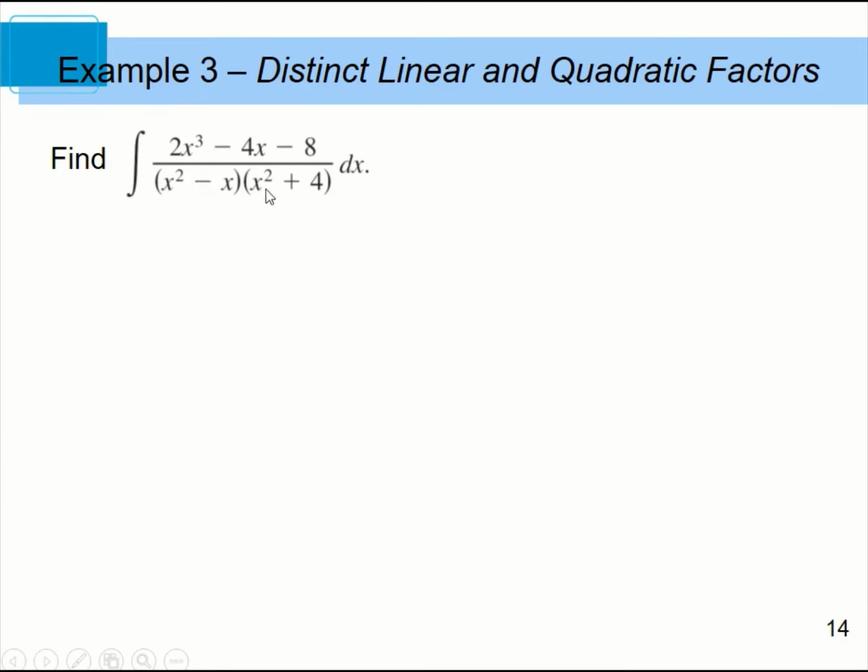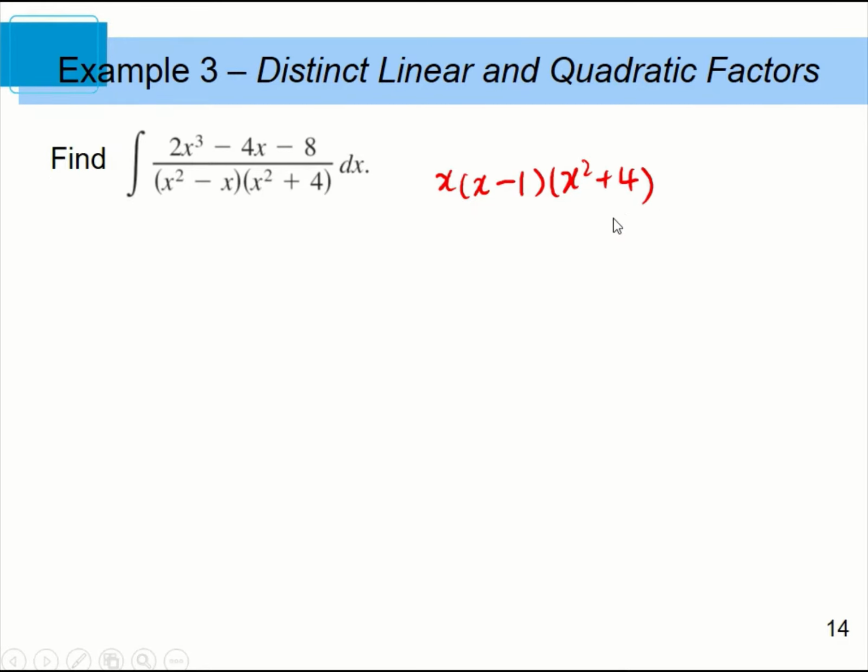Can we factorize the denominator? We know that this denominator can be factorized into x, we can factorize out the x. We have x minus 1 and x squared plus 4.